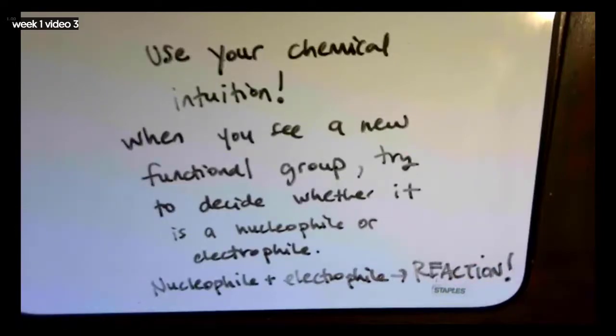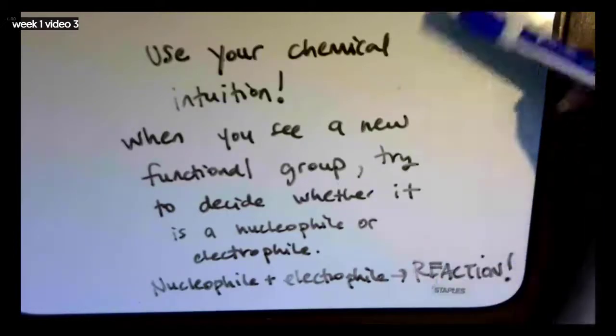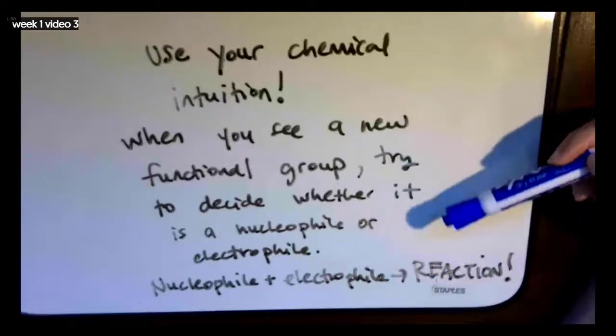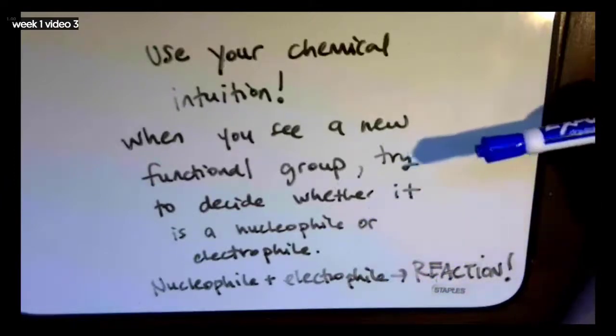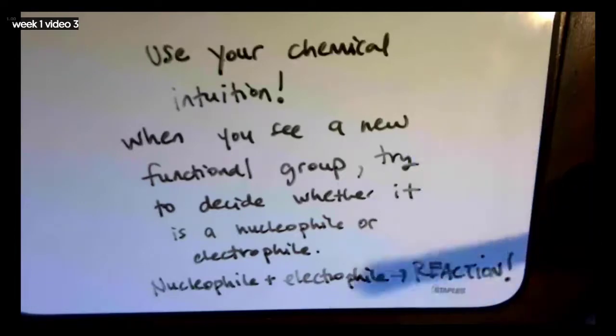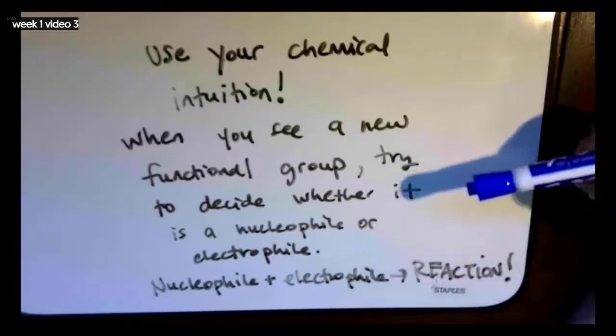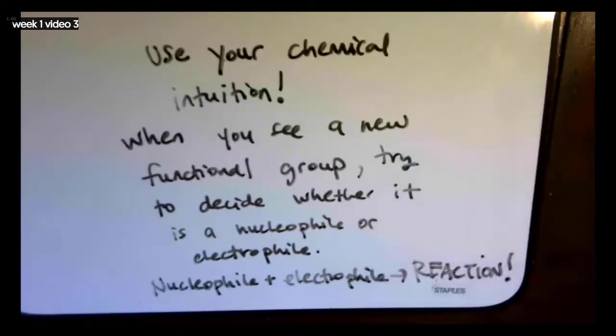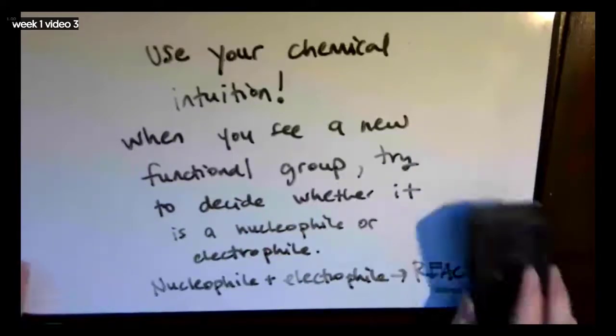Not to foreshadow too much, but you already have a significant amount of chemical intuition where when you see a functional group, you probably have an idea of its inherent reactivity. We're going to solidify that even further using FMO theory.